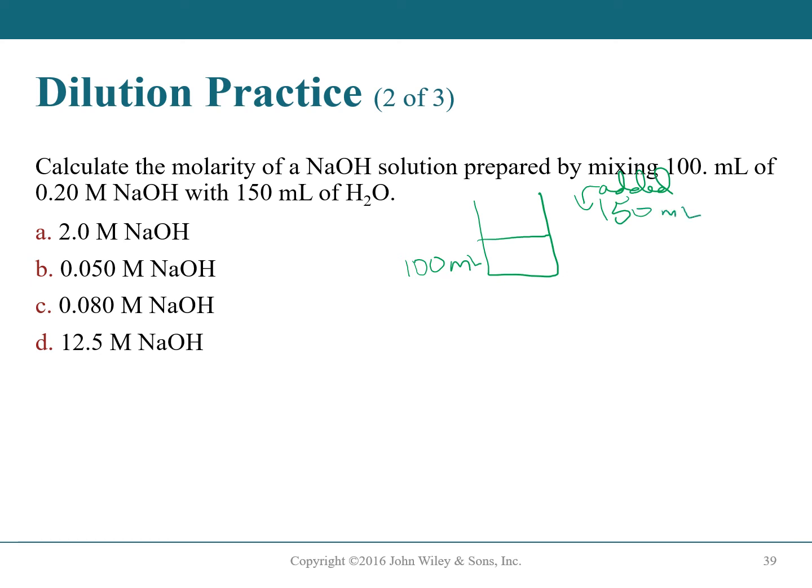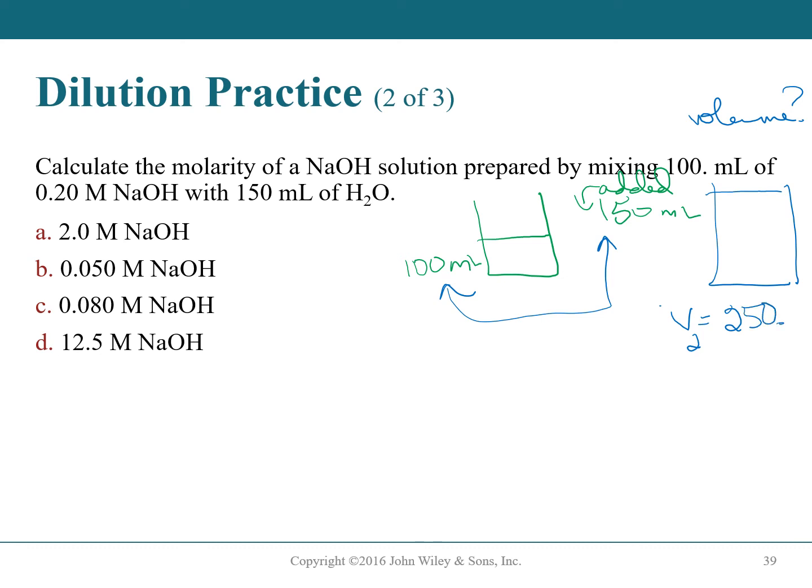In my final solution, what is my volume? Well, if I started off with 100 and I added 150, the volume is going to be the sum of the two. So V2 is actually 250 milliliters of solution because I added the two.